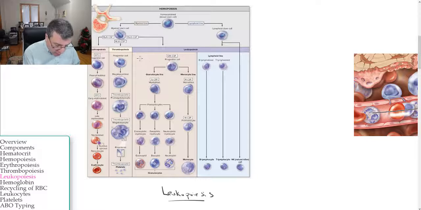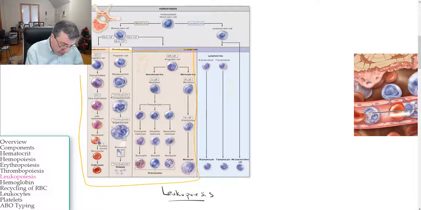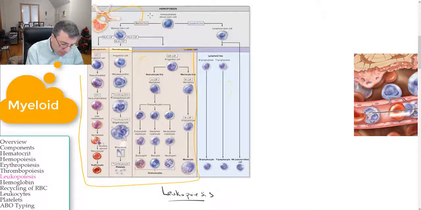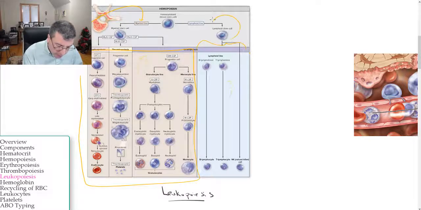So if you can look at this background color here versus this color on this one, the background color is more of the tan in this area. All of the tan, so we're following that area, comes from the lymphoid line, okay? And it's this area that comes from the myeloid line, okay?